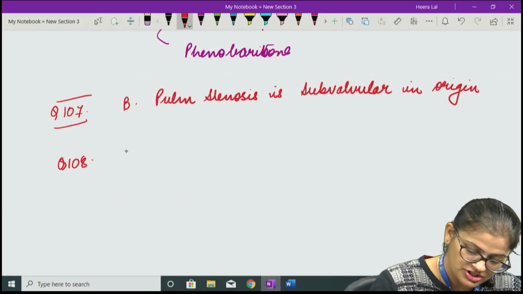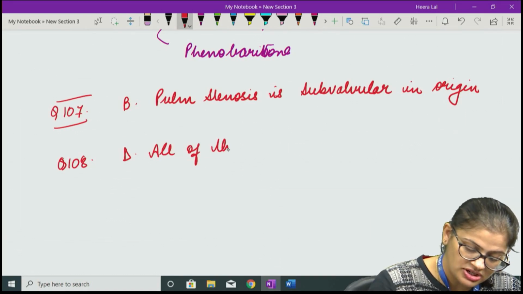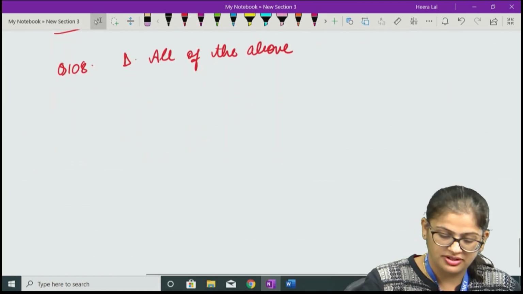So question number 108, correct answer is option number D, all of the above. And what are the other viruses apart from these that are mentioned in the question that can cause arthritis?